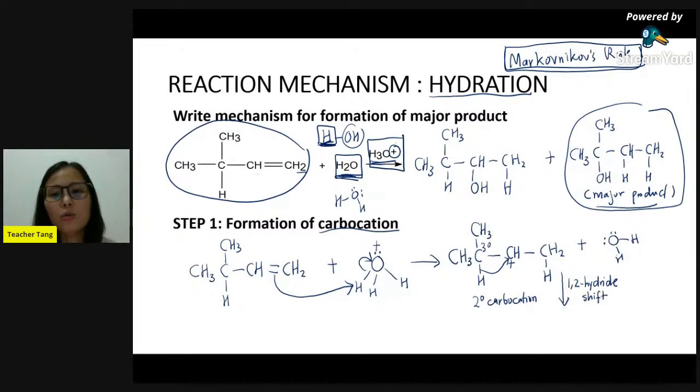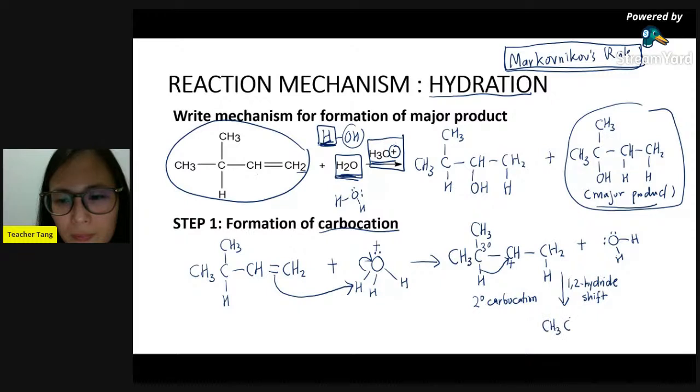Okay, so 1,2 hydride shift, and you get this. So now the positive charge is on this carbon.